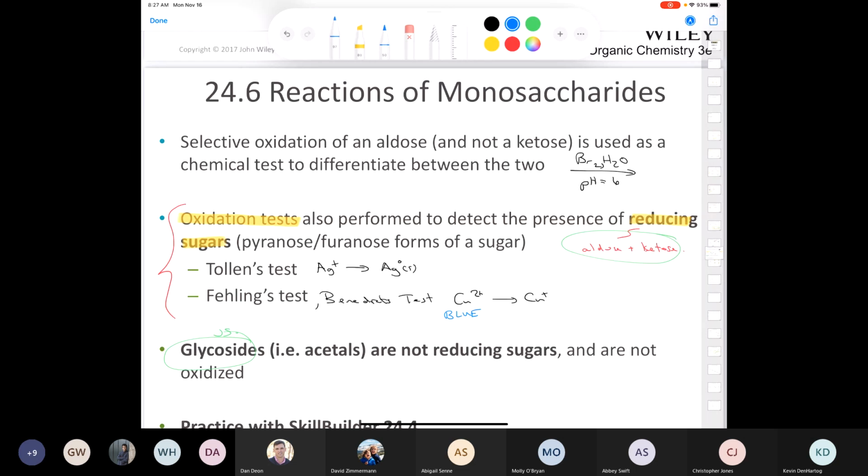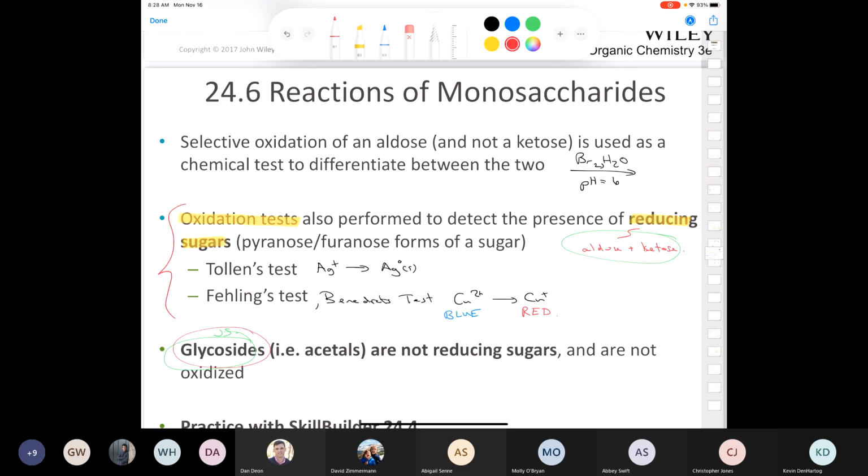And when the copper is reduced by the aldose or a ketose, which gets oxidized, it forms copper 1, which is like a brick red color. So if you had a red precipitate formed, which is copper 1 oxide, that would mean that you have an aldose or a ketose. If you got no reaction, then you'd say, well, I probably have a glycoside.